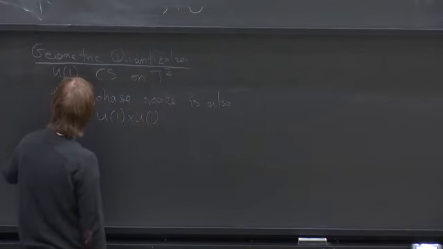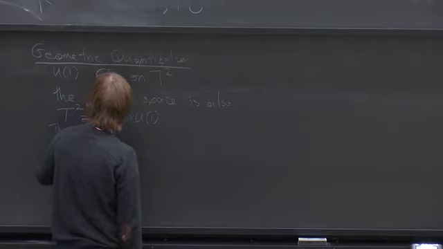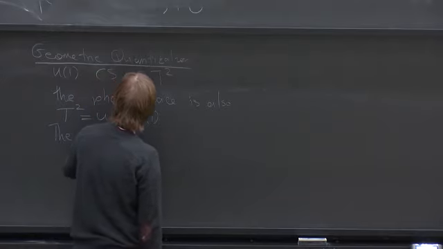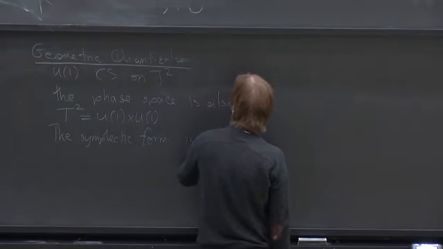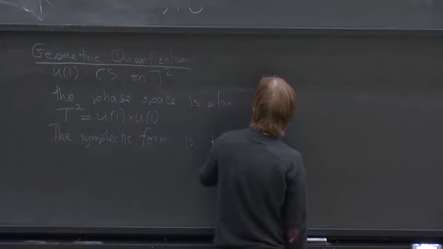And the symplectic form is, say, something like k dθ1 dθ2.